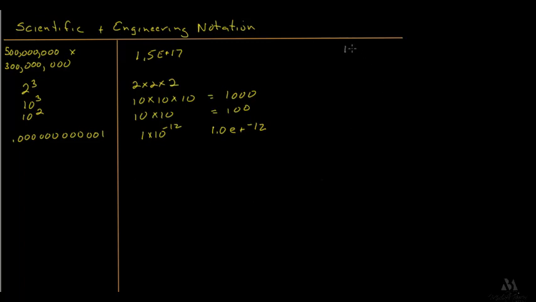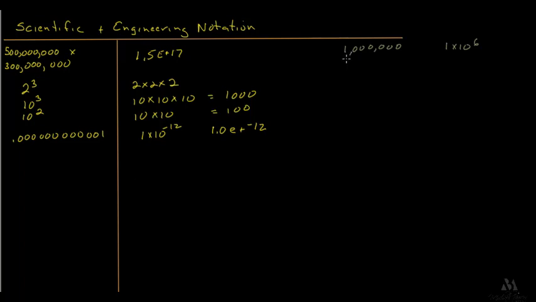So let's do 1 million. 1 million in scientific notation would be 1 times 10 to the 1, 2, 3, 4, 5, 6, to the 6th.